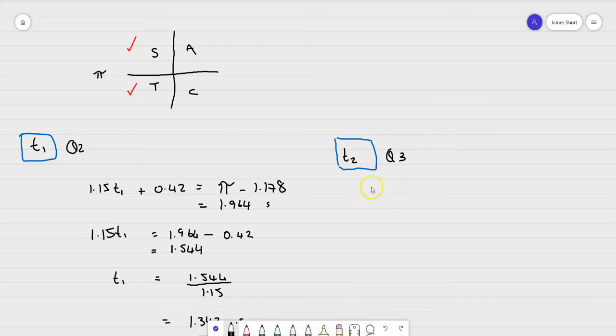So 1.15 T2 plus 0.42 is equal to pi plus 1.178.